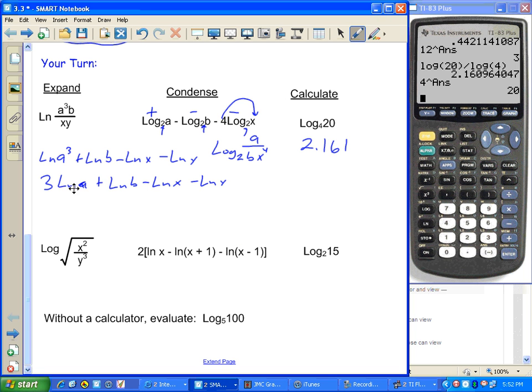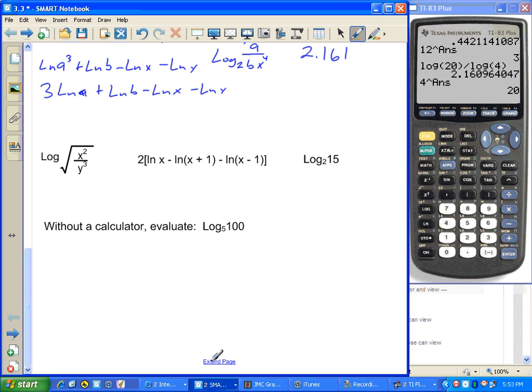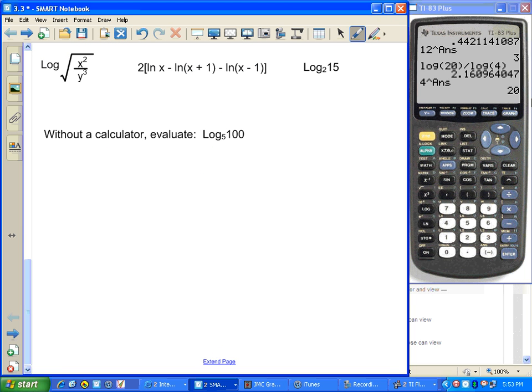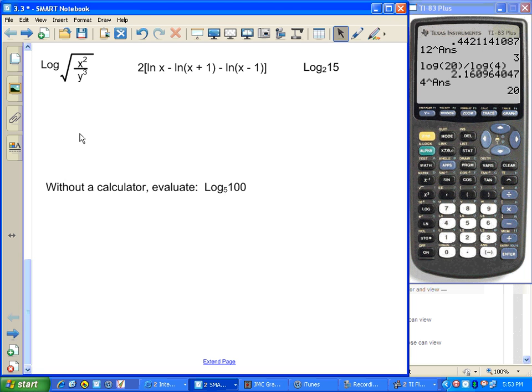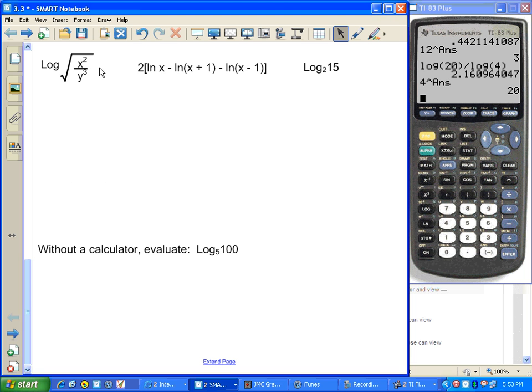Okay, so if you had trouble with those, pause again, try to see if you can get these done, and then hit play again. Alright, so I'm going to expand this one. If you notice, I've got this big square root. There's two things you can do with that.